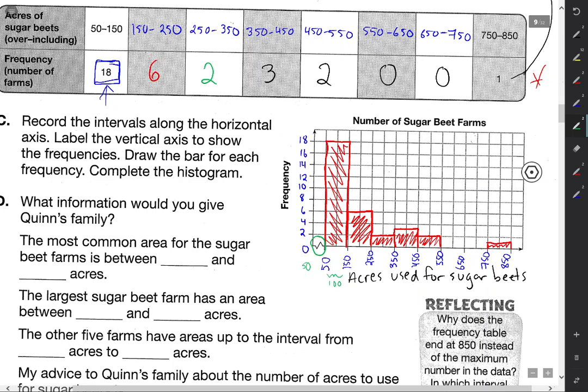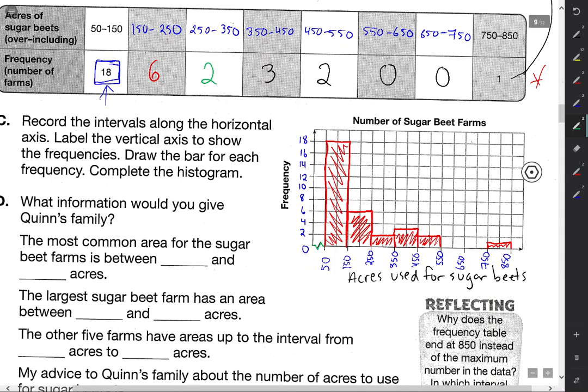And usually when you make a graph, you want to go up by the same interval the whole way, starting from 0. However, they let you bypass that by putting this little break in the graph to show that that interval is not consistent with the rest of the graph. Now, you're only allowed to put that break in the graph at the very start. You can't just put it in over here somewhere, so don't try to do that.